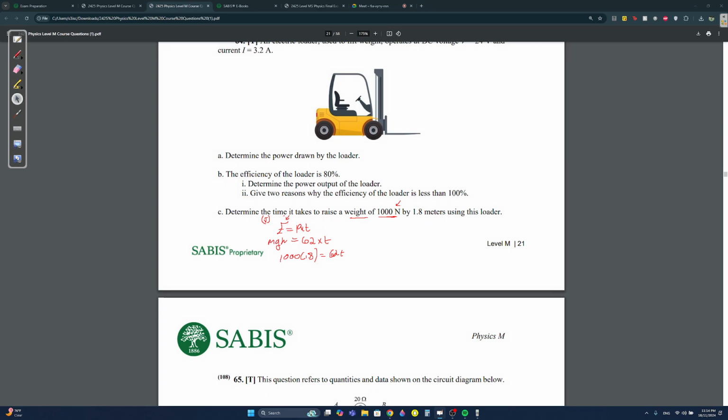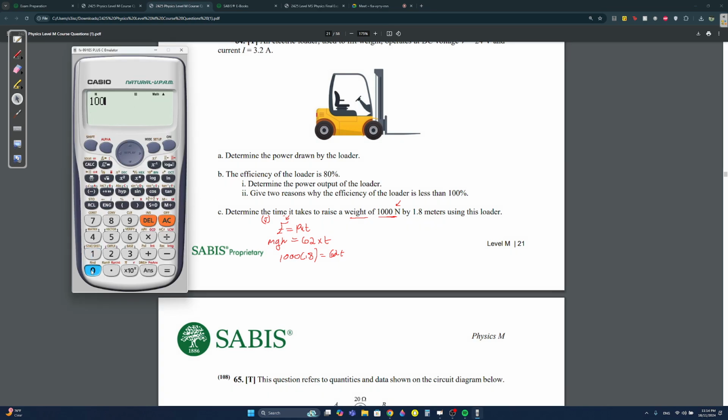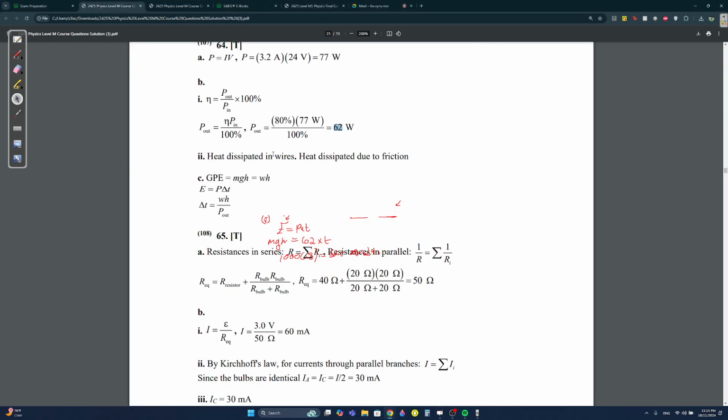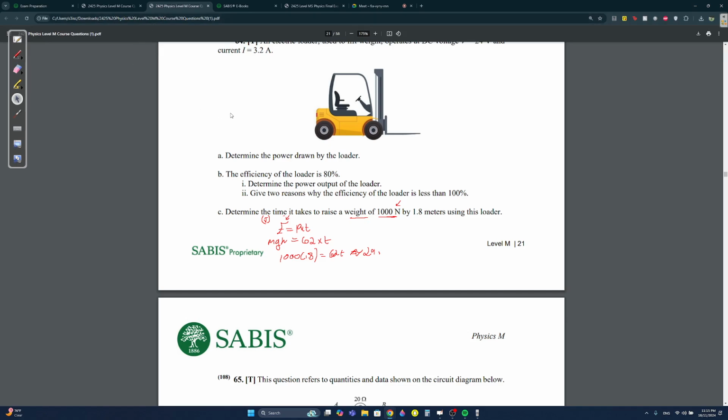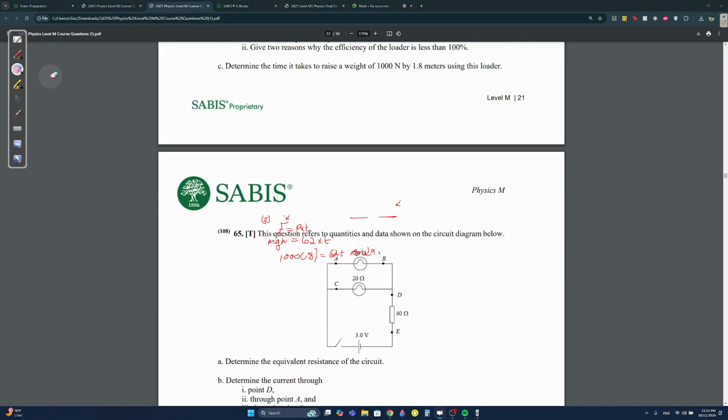You divide 1000 times 1.8 by 62, and you get approximately 29 seconds. Oh, they just gave me the formula, I didn't solve. Okay, thank you. I think my answer is correct.